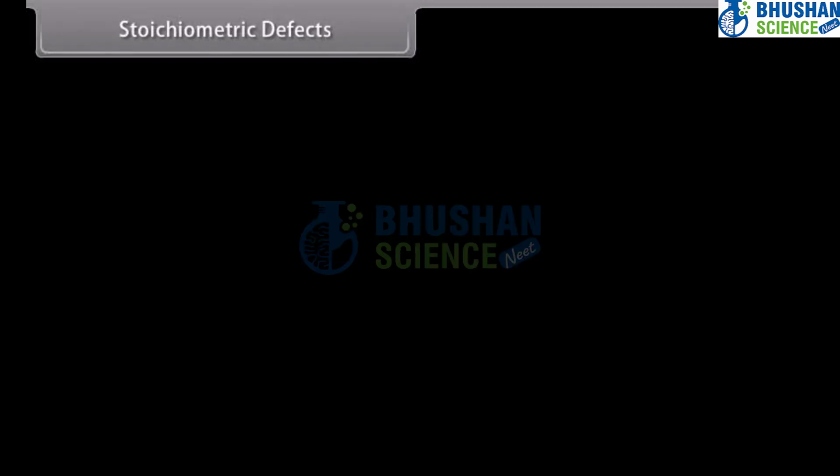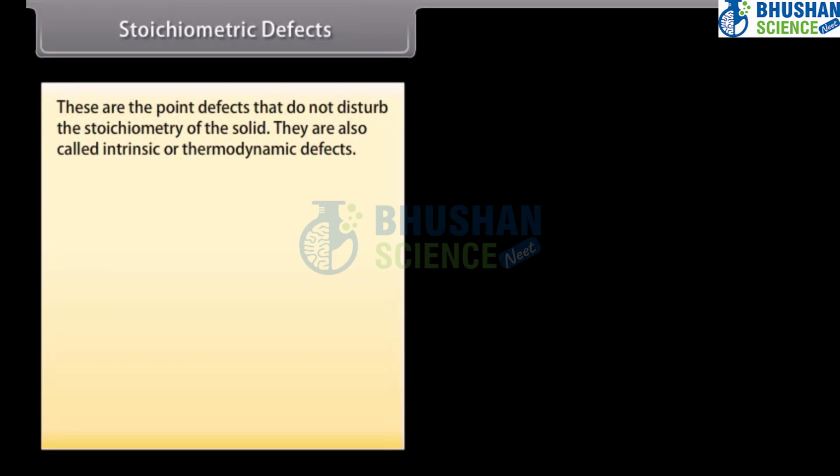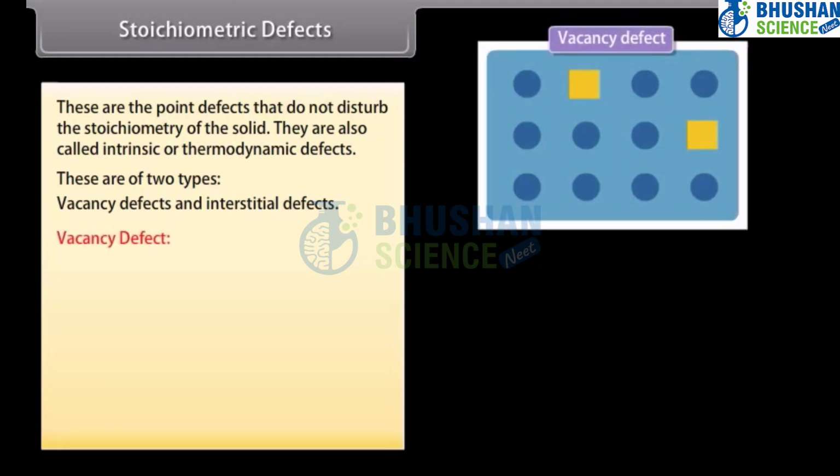The stoichiometric defects. These are the point defects that do not disturb the stoichiometry of the solid. They are also called intrinsic or thermodynamic defects. These are of 2 types: vacancy defects and interstitial defects. 1. Vacancy defect.